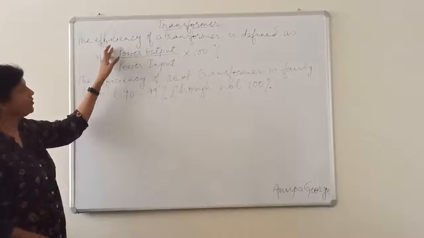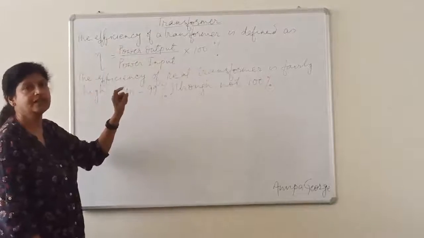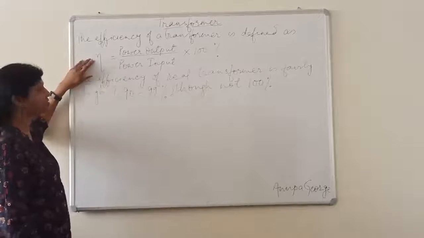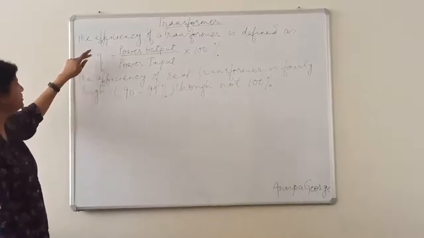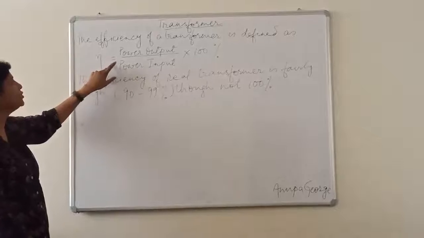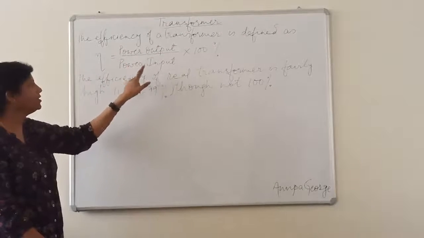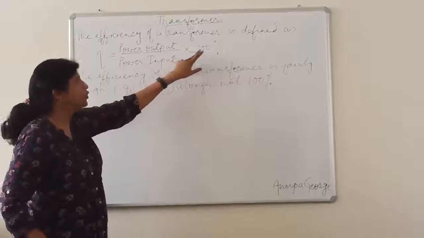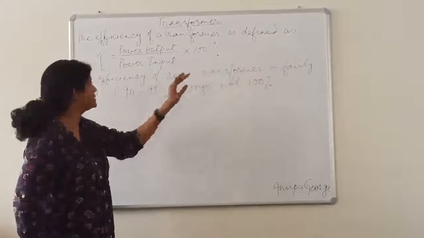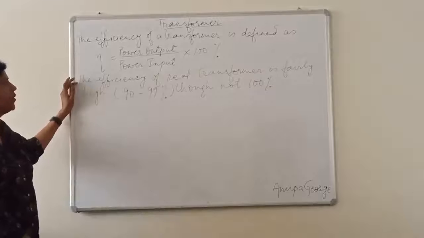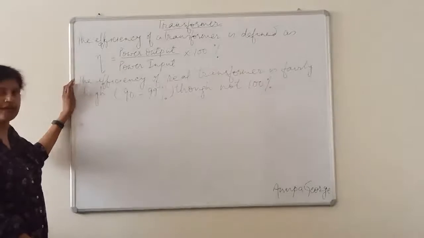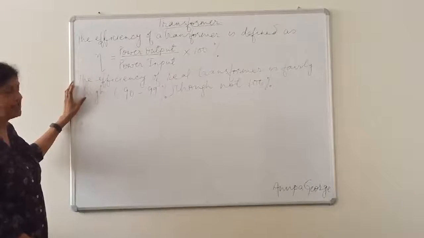The efficiency of a transformer, represented by eta, is defined as power output upon power input into 100%. The efficiency of real transformer is fairly high.